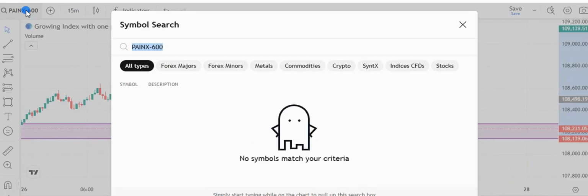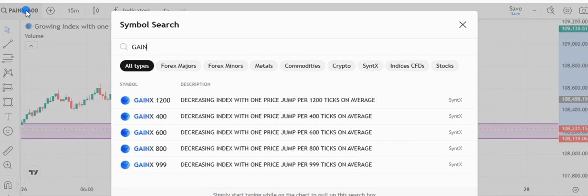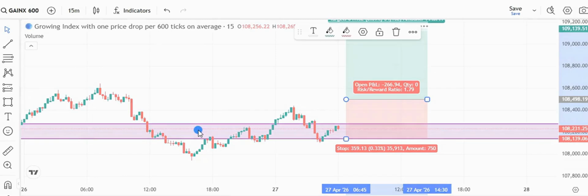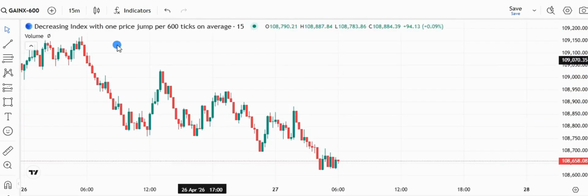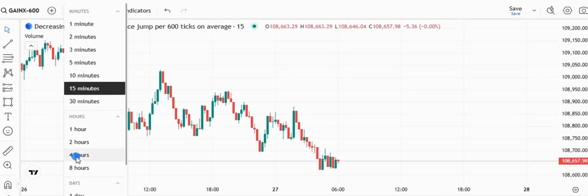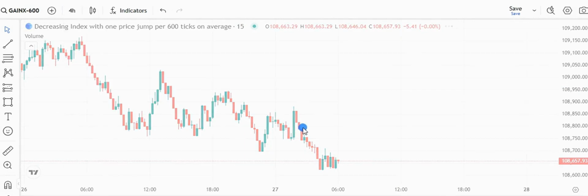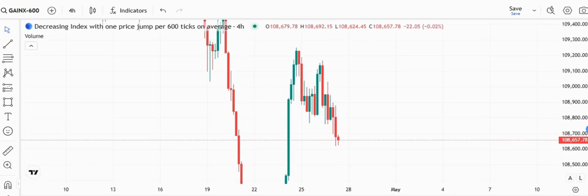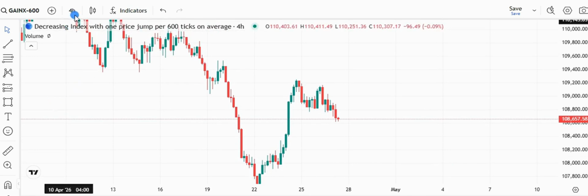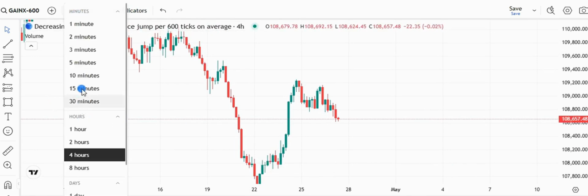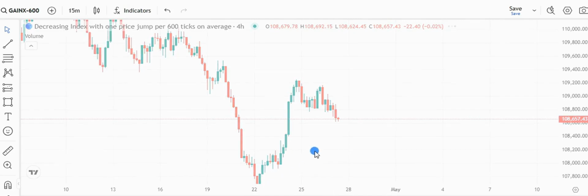Okay, so finally, let's go to Gain. All right, so the 4-hour chart. It's kind of looking bearish. So let's see if we're going to see a bearish move going back to this next level.